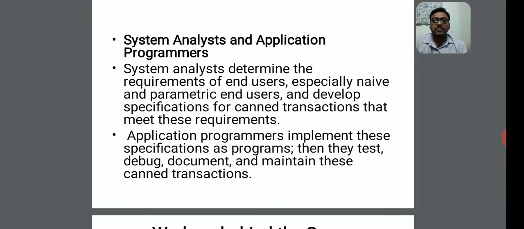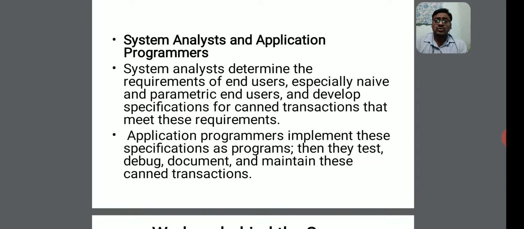For example, considering the bank approach, a bank cashier will need a set of operations for checking the balance, making a withdrawal, then making a deposit. What operations are to be performed for a withdrawal, what operations are to be performed for a deposit, deciding that in general is the duty of the system analyst.